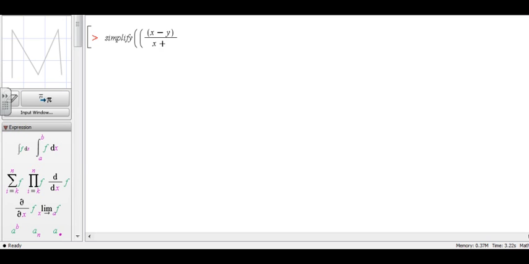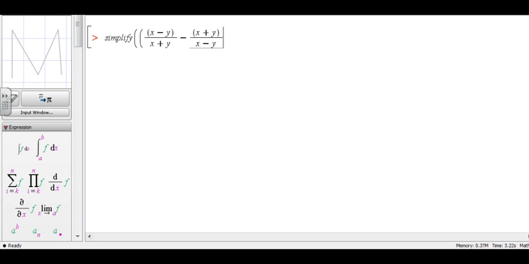Okay, and then I've got a minus sign. Do I have a minus sign? And I've got x plus y, close parentheses, divided by x minus y.